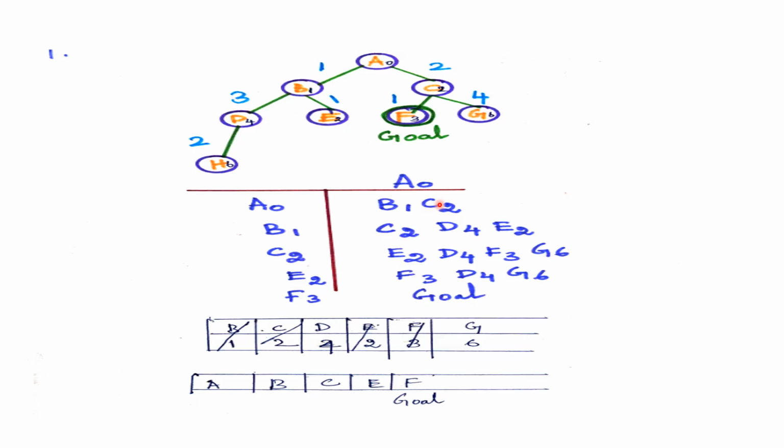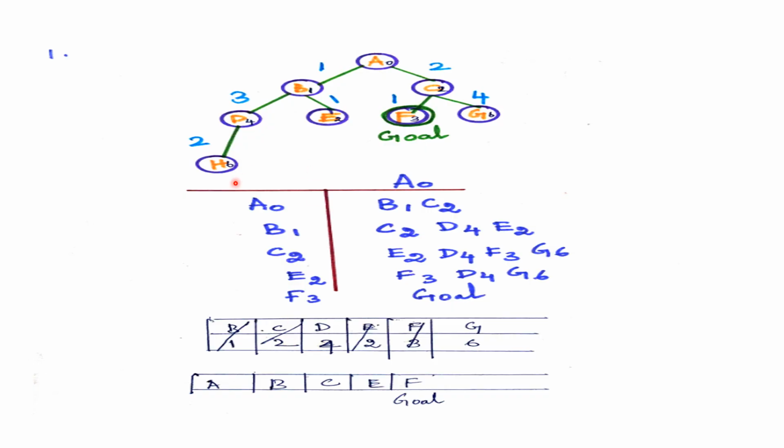That is the concept followed for the uniform cost search method. So B value is 1, C value is 2. You can understand it this way also: B, the corresponding value is 1; C, the corresponding value is 2.